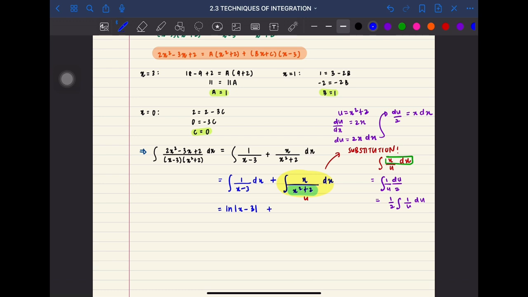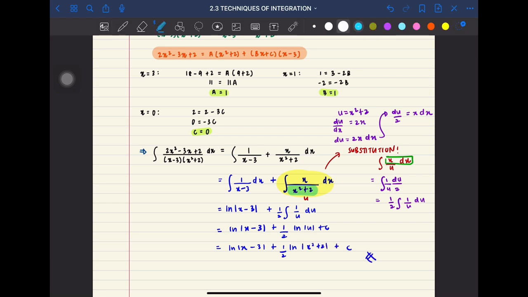So we have 1 over 2, 1 over u du. Integrating constant over linear gives ln modulus u plus c. And for the last step, make sure you substitute back your u, which is x squared plus 2. And don't forget your plus c. Okay, so this is your final answer.